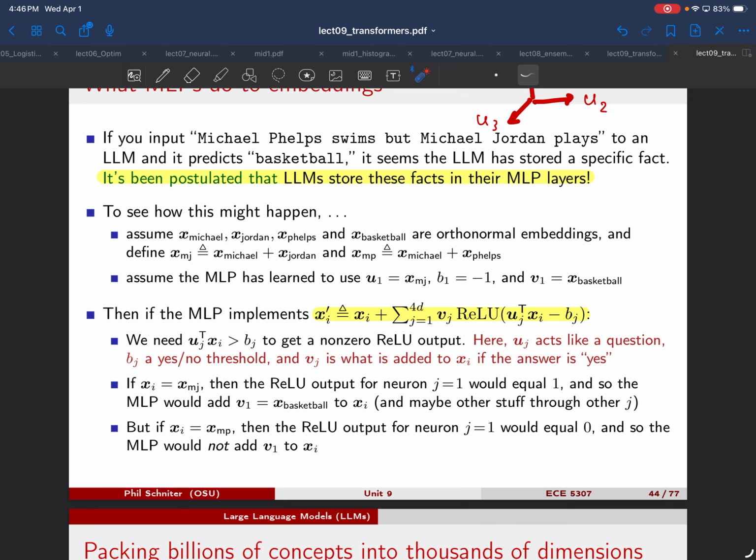It makes sense that Michael as a concept is pretty orthogonal to Jordan as a concept, in general. And then Phelps is another pretty orthogonal concept, and then basketball is another one.